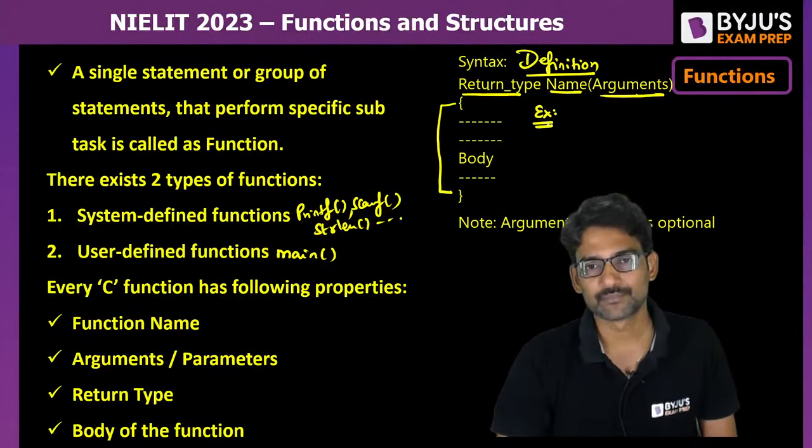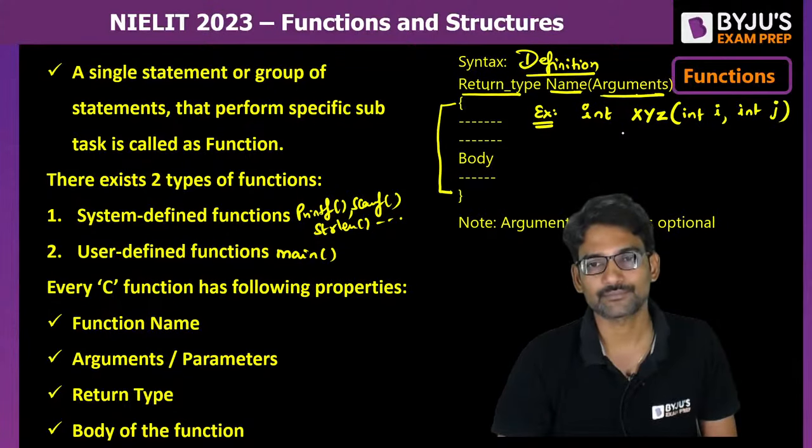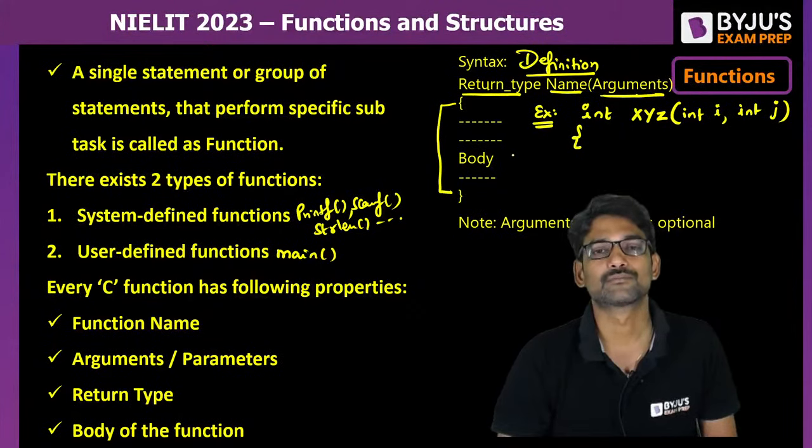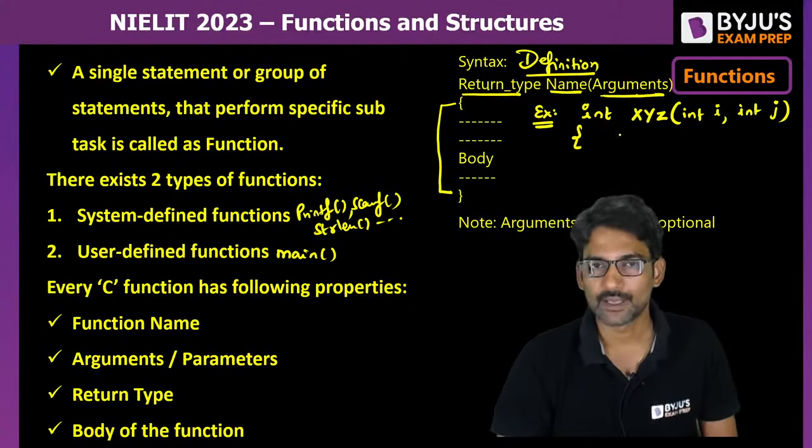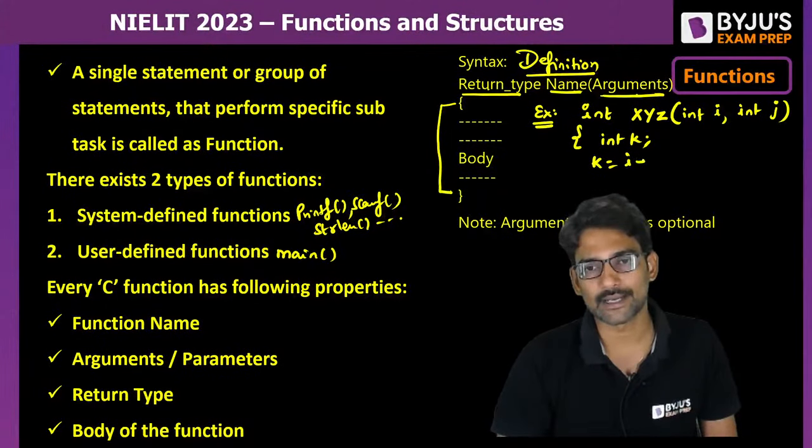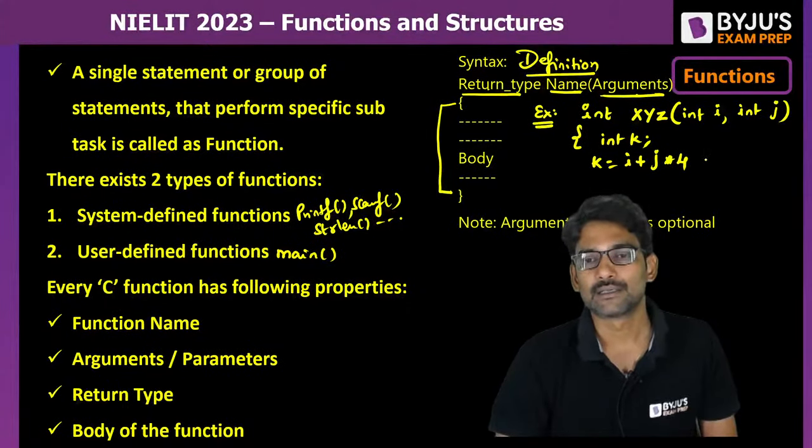Example, suppose I write int xyz of int i comma int j. And here I am writing something like int k is equal to i plus j multiplied by 4 divided by i minus 2.